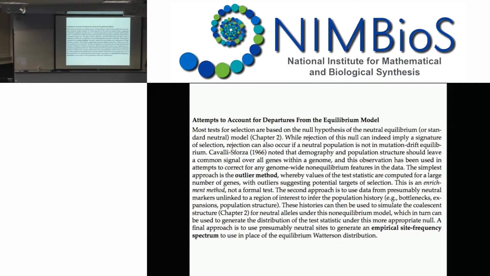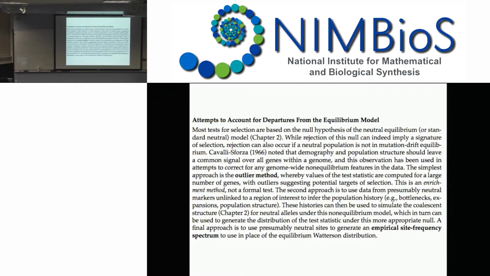The problem is, if I generate random curves, I'm going to get outliers. The way to tell if those outliers are significant is to estimate the variance. When you depart from neutrality, you not only change the mean, you greatly inflate the variance. So the outlier method is a way for people to cheaply find interesting sites, but it's just that, an interesting site. It's not a formal statistical test.